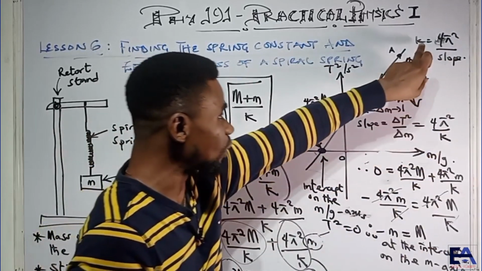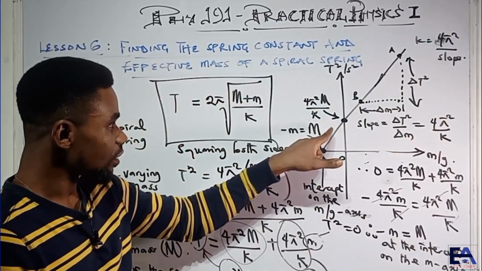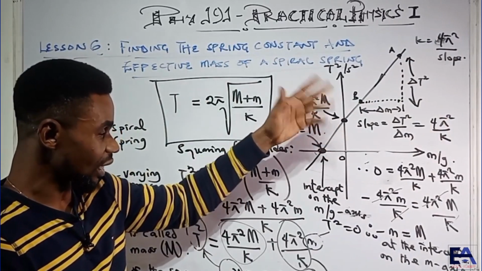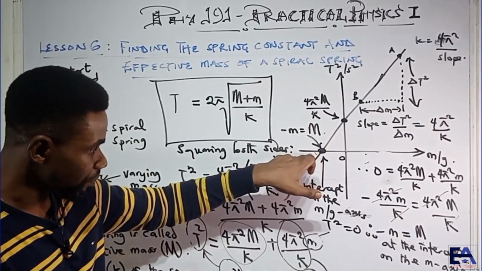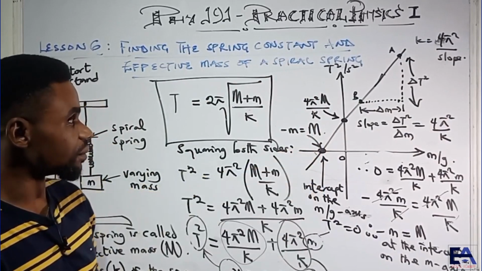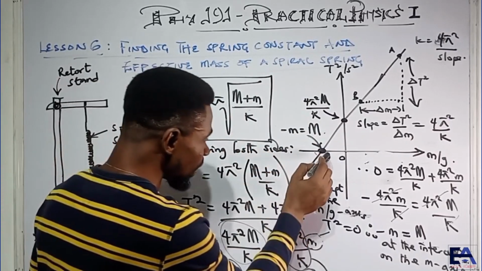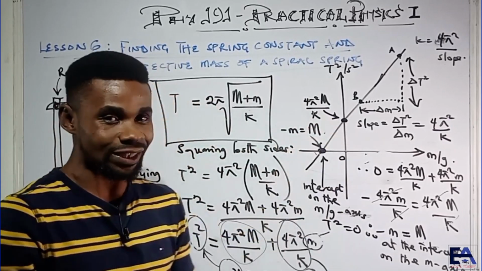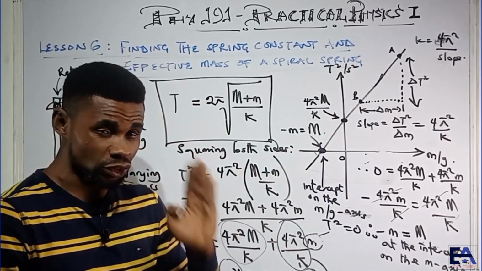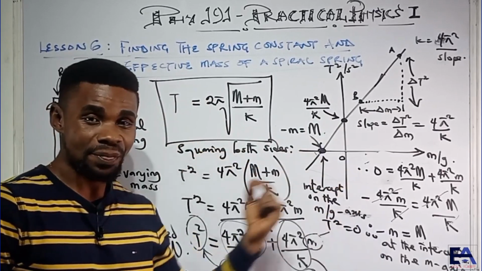So you'll be able to get the value of K from the slope of the graph, and then get the value of M, either from the intercept, knowing the value of K, or directly from the intercept on the M axis. Whatever the value of M is here is equivalent to the effective mass of the spring. That's what we're trying to say: the effective mass of the spring can be found at the intercept on the M axis.